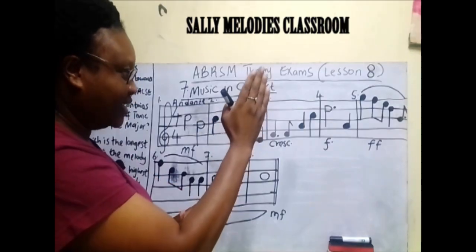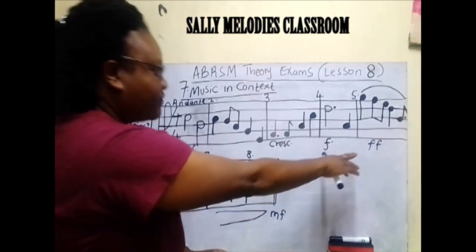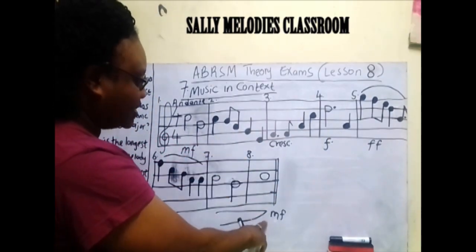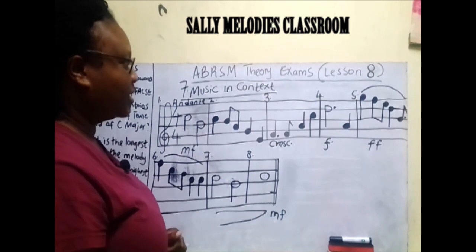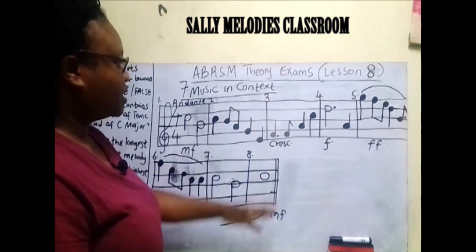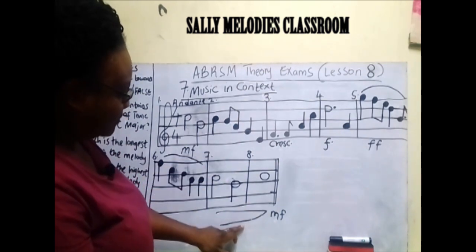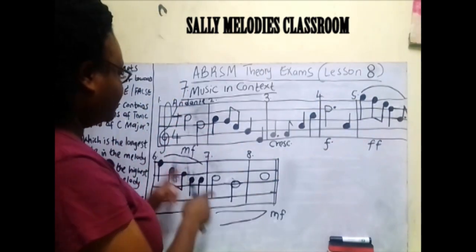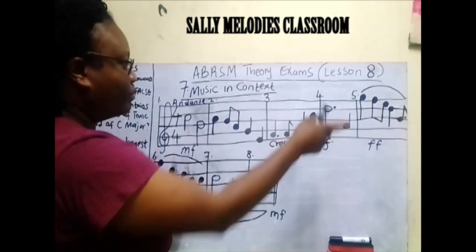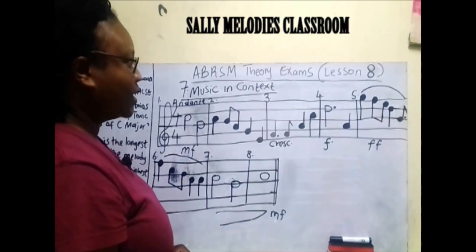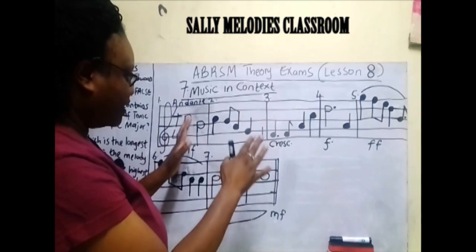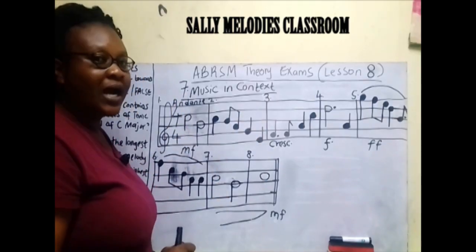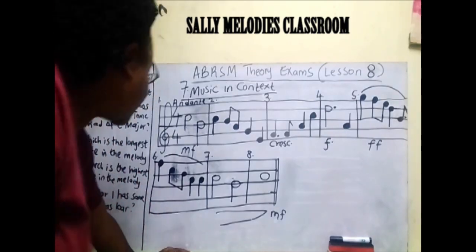It gets louder, and then it gets very loud, and then when we come towards the end, it gets moderately loud. You have other symbols like diminuendo here, and then you have the slur in 2 bars. So once you study the piece of music, that is when you come and answer your questions.